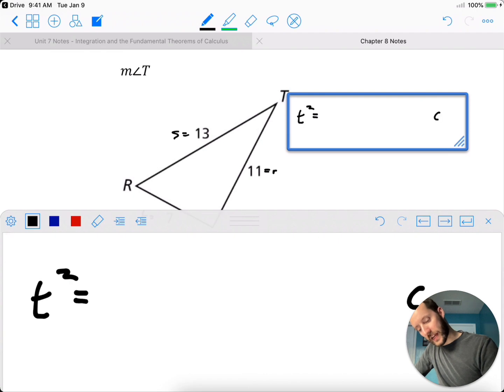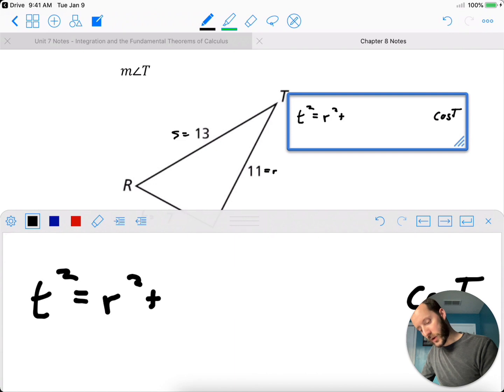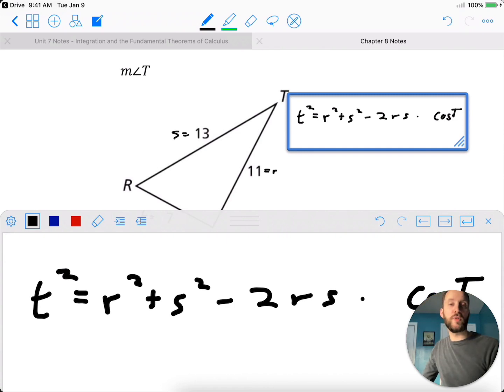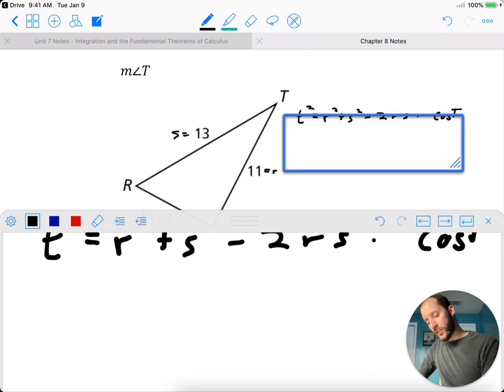On the other side, cosine big T. Fill in the middle with a Pythagorean theorem looking thing. R squared plus S squared minus 2RS times cosine T.